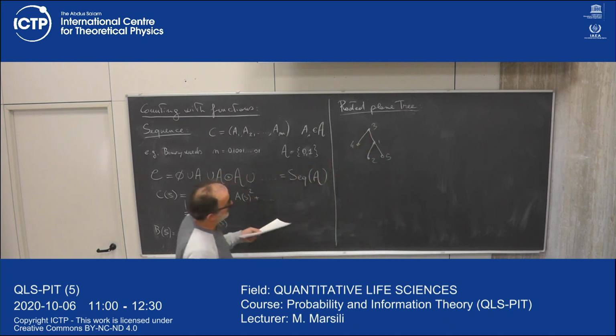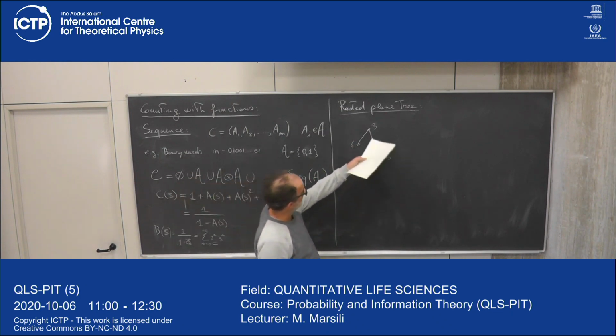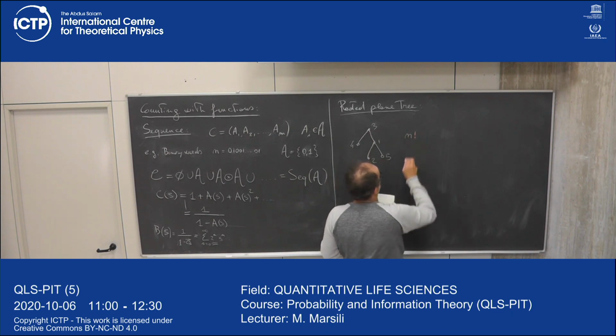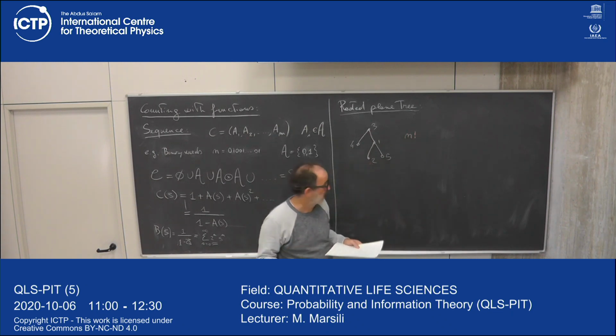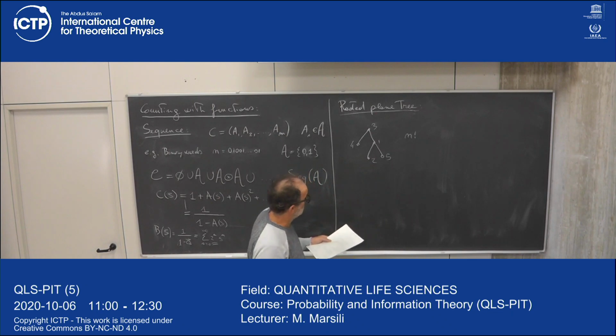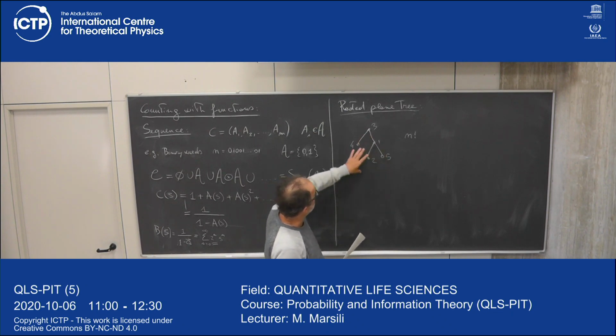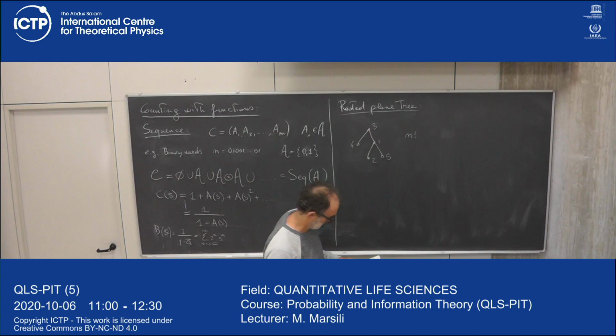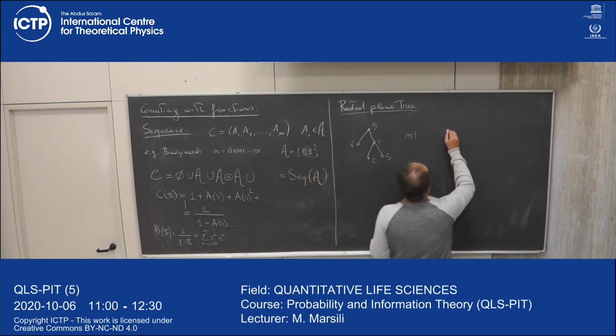And you see that for an object of size n, there are n factorial ways of labeling it. So if we want to compute labeled objects, then you should take this into account.